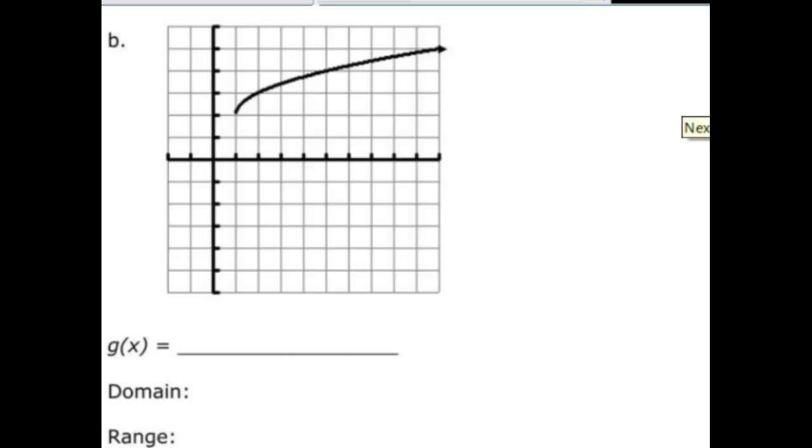Example 1b. Compared to the parent graph that starts right here, what happened to this graph right there? Is it up, down, left, or right? Up, how far? What else? And so the H is going to be 2, the K is going to be backwards.